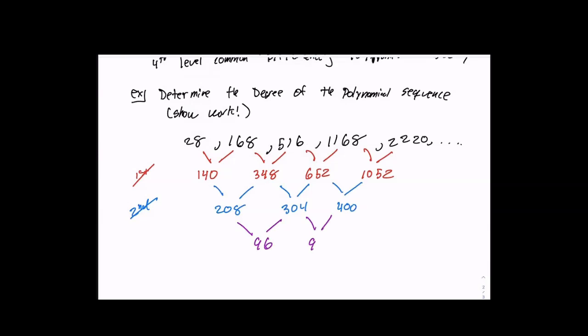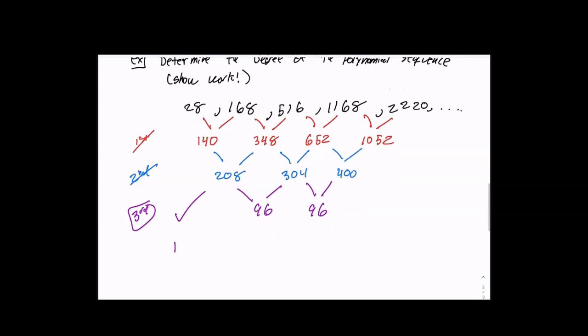This gives me 96. So is it the third level? Yes, it is. Okay. So my answer here is that this is a polynomial of degree equals 3.